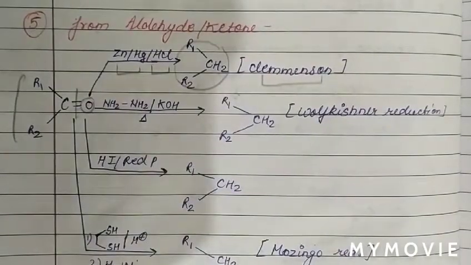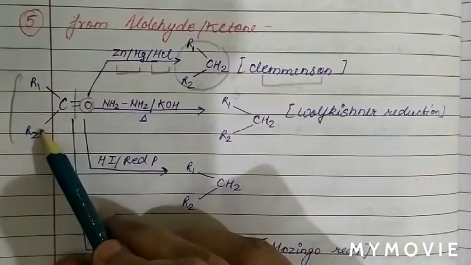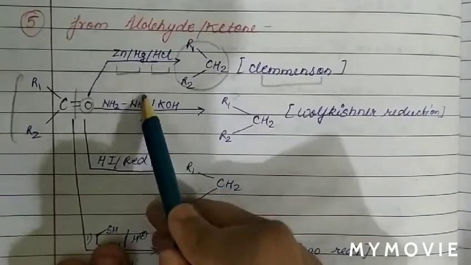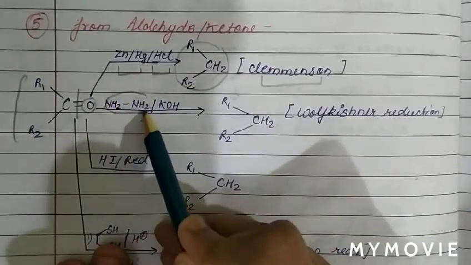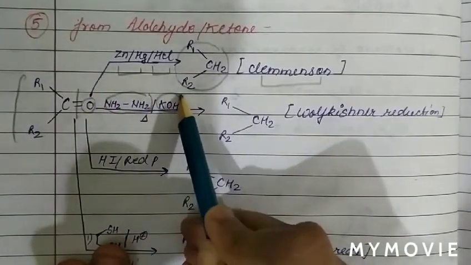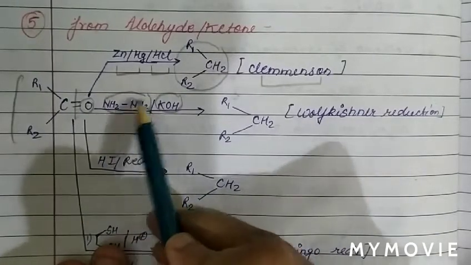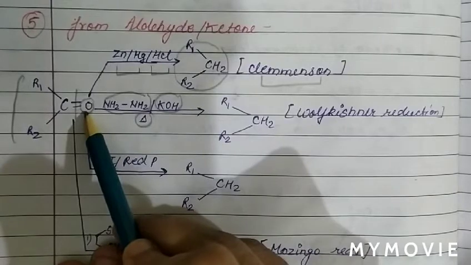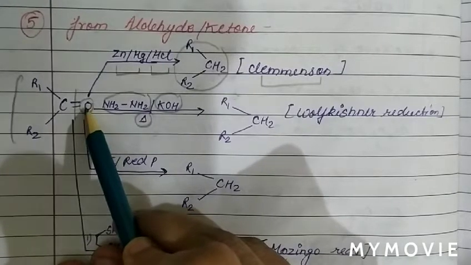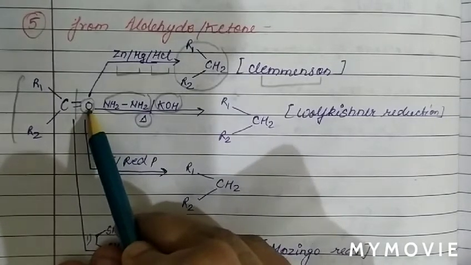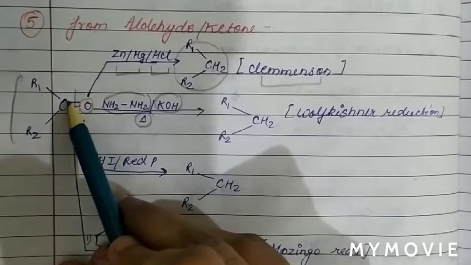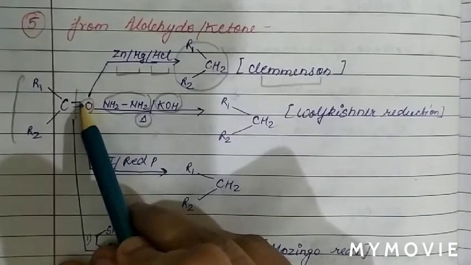Now see the next reagent. When we use aldehyde and ketone in presence of hydrazine and KOH, and this is heated, basically this is also a reduction reaction. In this reagent there is removal of oxygen and addition of hydrogen. So two hydrogens will be attached in place of oxygen.